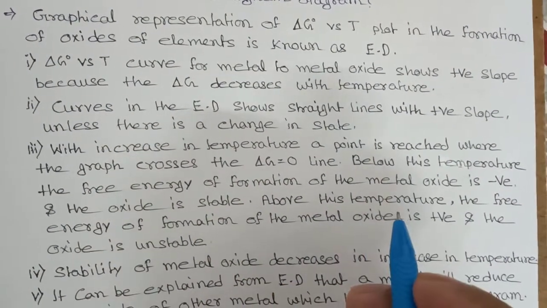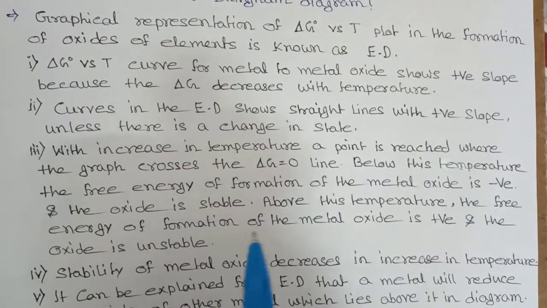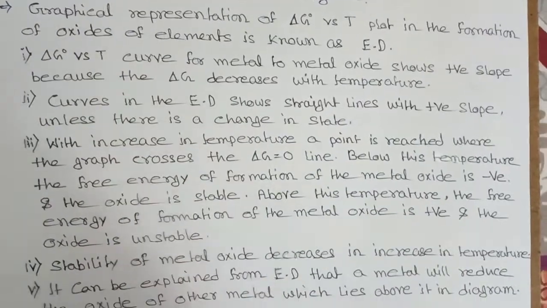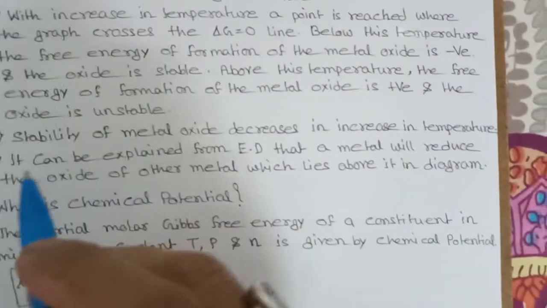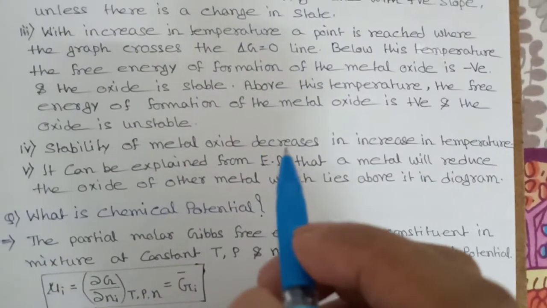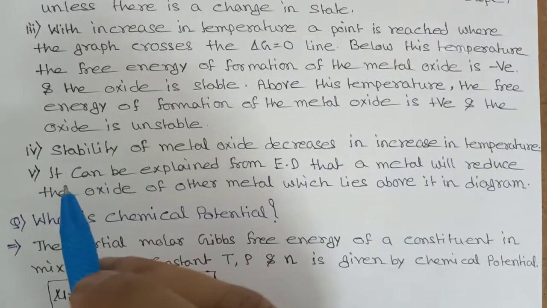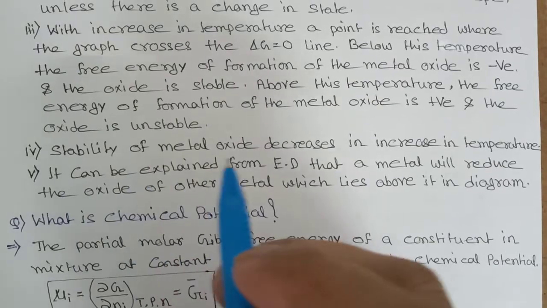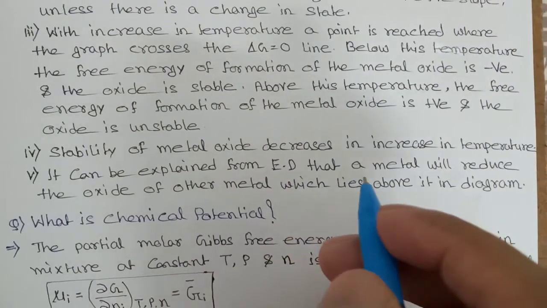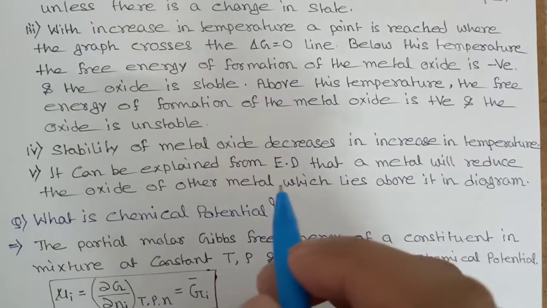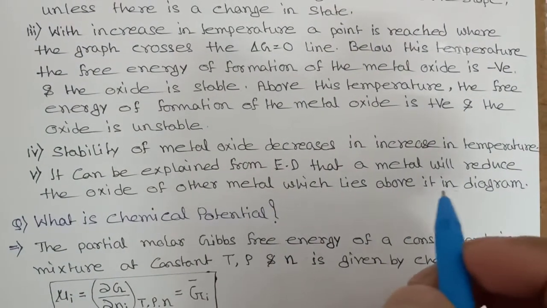Above this temperature, the free energy of formation of the metal oxide is positive and the oxide is unstable. Stability of metal oxide decreases with increase in temperature. And the last one is that it can be explained from the Ellingham diagram that a metal will reduce the oxide of another metal which lies above it in the diagram.